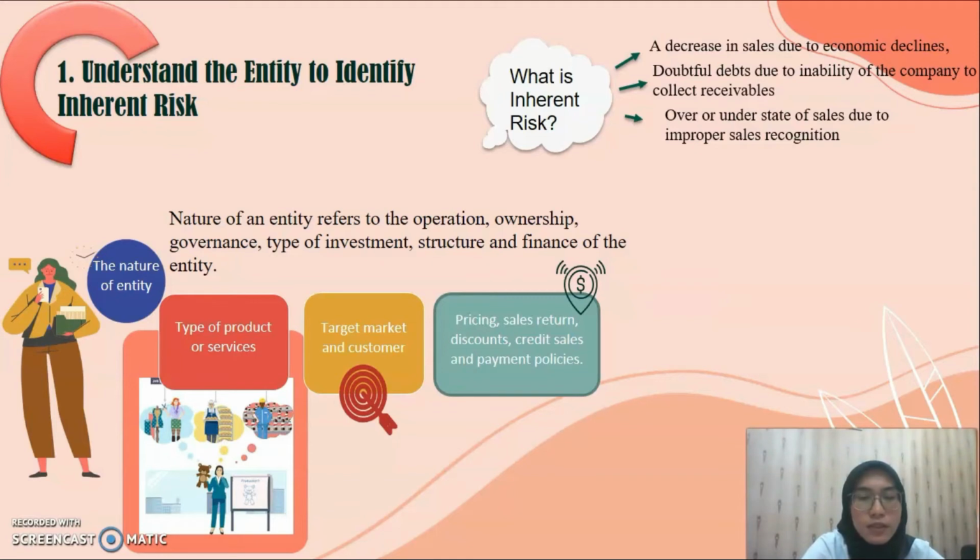For instance, during the coronavirus pandemic, a decrease in sale would be detected in goods produced by the Dutch Lady dairy milk industry, because we assume at that time people would reduce their spending or consumption of Dutch Lady products. So at that time, Dutch Lady would reduce their production.